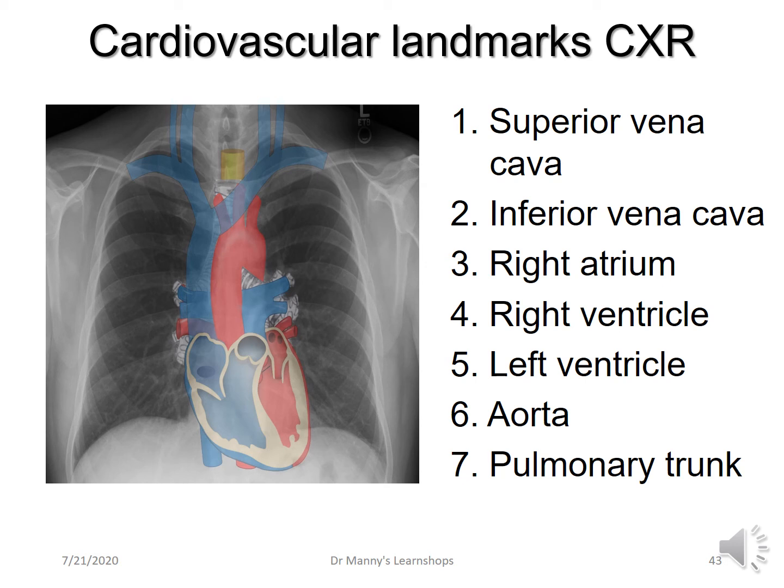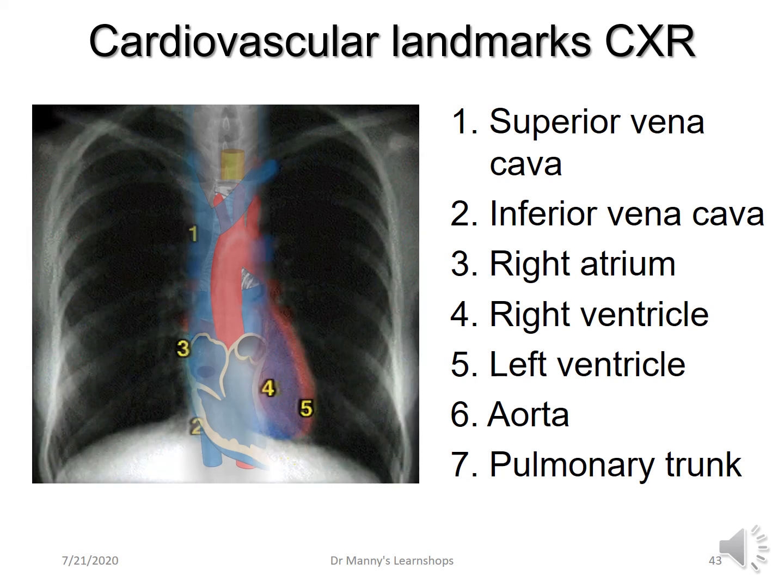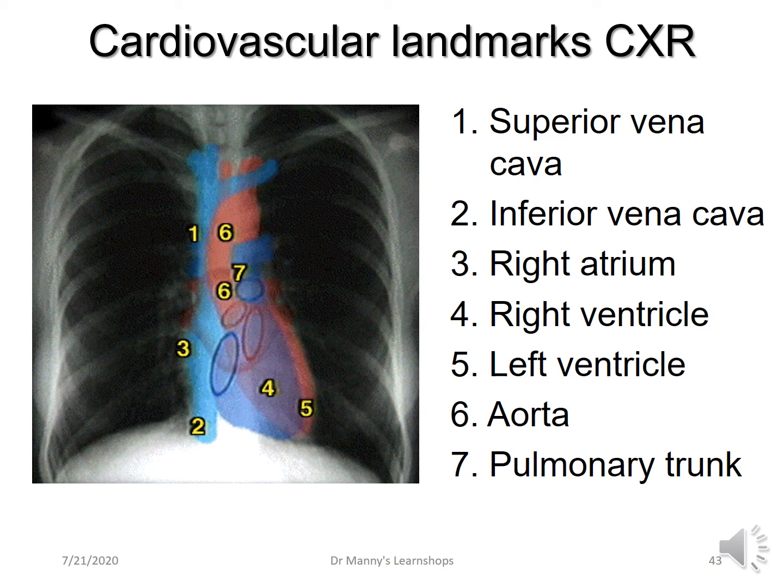Now let's look at some of the cardiovascular landmarks on a chest X-ray. Typically we have the superior vena cava, inferior vena cava, right atrium, right ventricle, left ventricle, aorta and the pulmonary trunk. And this is now visualized here on the chest X-ray. Superior vena cava located number 1. Inferior vena cava located below, number 2.